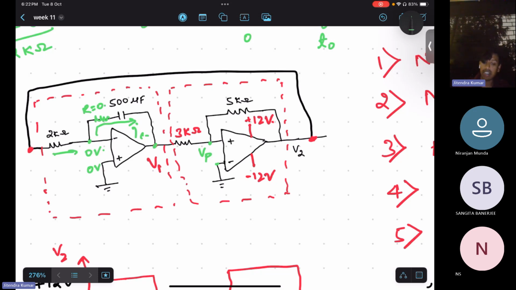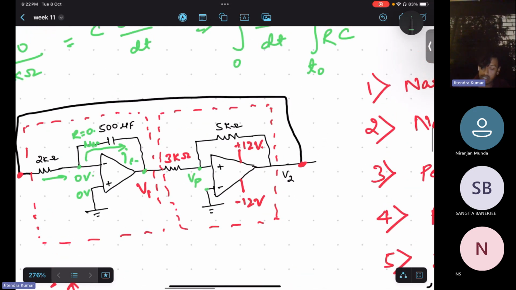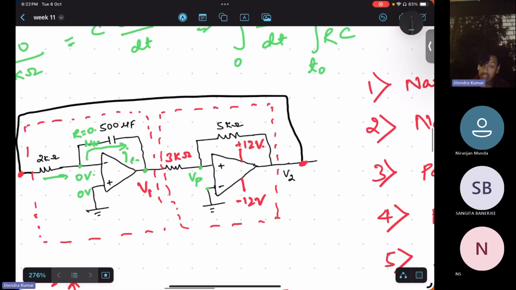So what is the impedance of this circuit? In a non-inverting op-amp, if some resistance were connected here, then we cannot apply this kind of virtual ground concept. But here we can apply. So you tell me why can't we apply the virtual ground concept here?